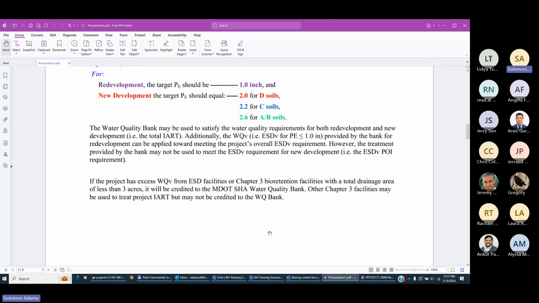We have to show that enough impervious area is going to that practice. That means sometimes it has to be more than the IARTs to get that credit.